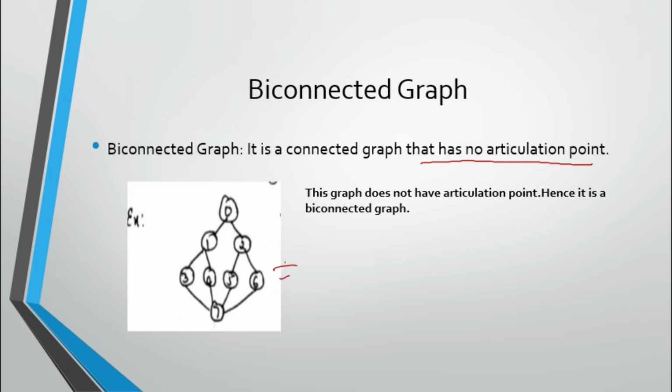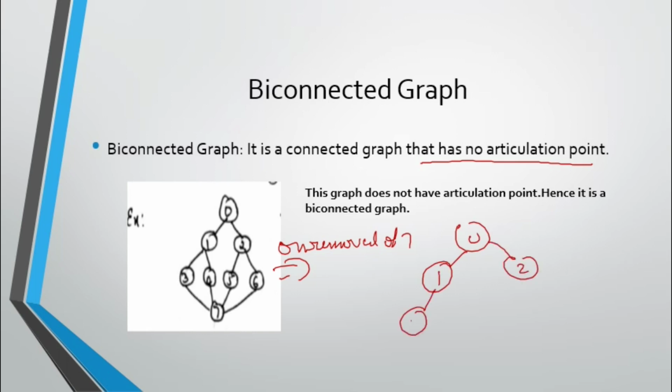For example, on removal of 7, you will get one graph, with 5 and 6, and that's all. It's a single graph. So this is a biconnected graph.